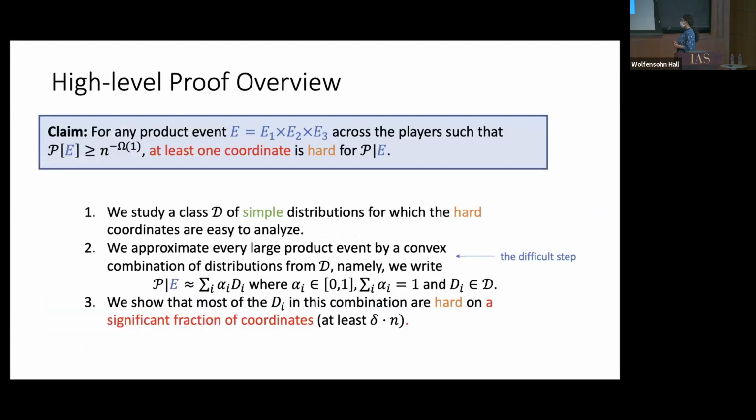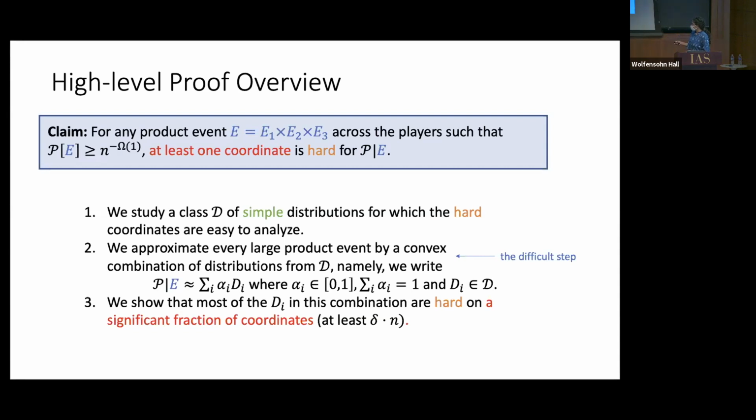So here is the high-level overview. We want to show that for any product event across the players of sufficient measure, at least one coordinate is hard for P conditioned on E. So the first step is going to be to identify a simple kind of distribution for which the hard coordinates are easy to pinpoint. These are going to be called bow-tie distributions. We then approximate P conditioned on E for every large product event by a convex combination of these simple distributions.